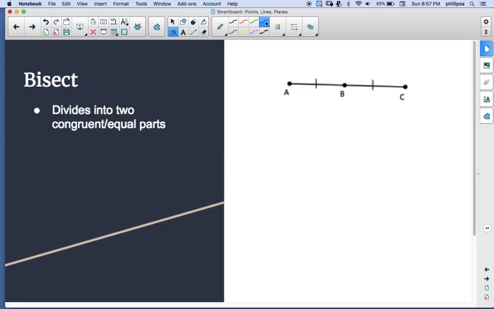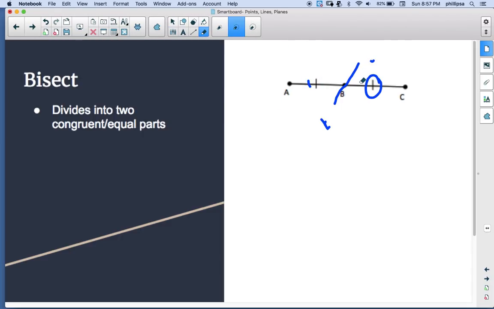For example, I could very easily put a line through that segment AC, and I could call that line, let's say, script lowercase d. We'll say that line d bisects segment AC, and I know it bisects because I'm given that it's split into two congruent parts.